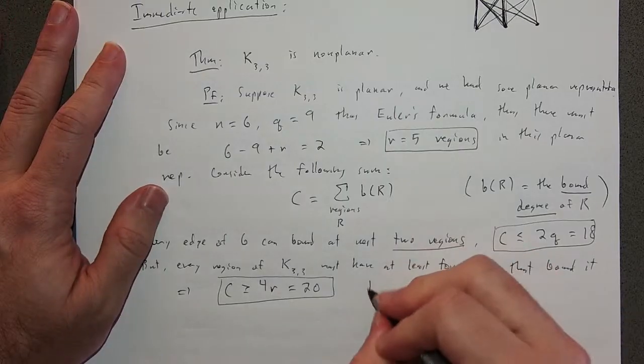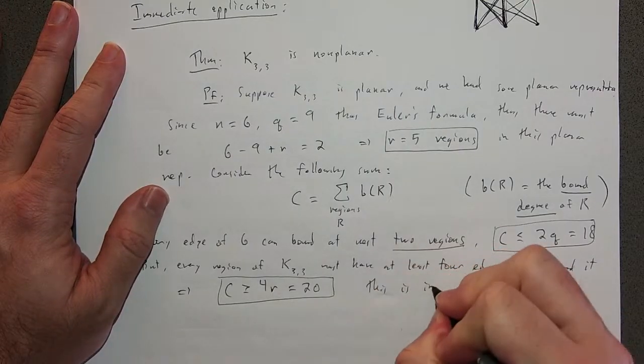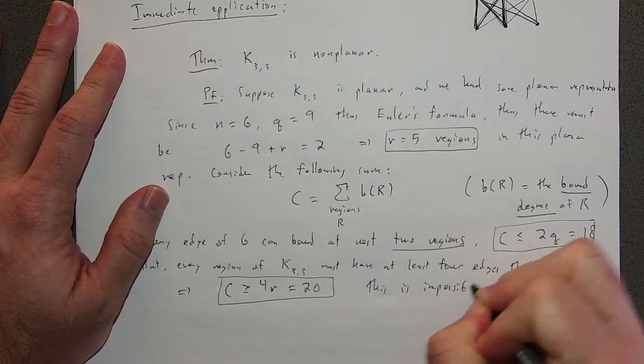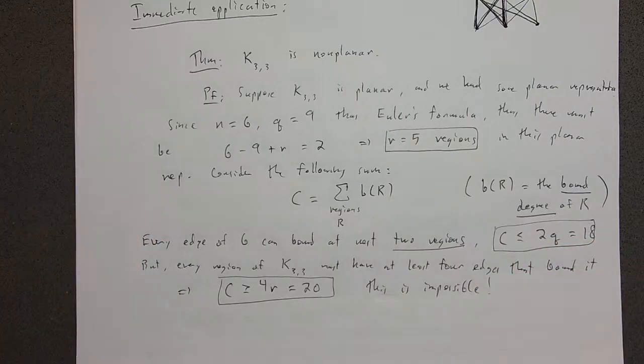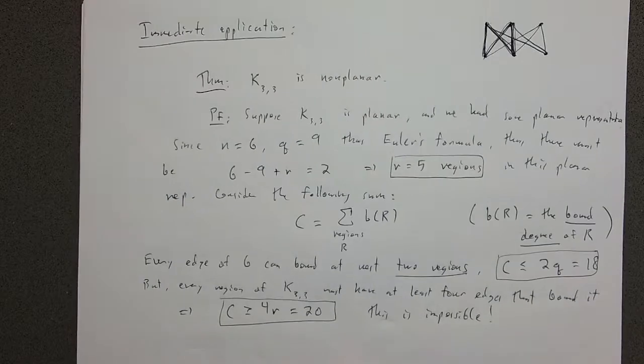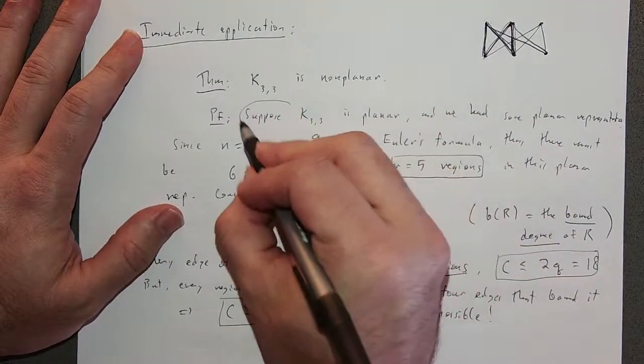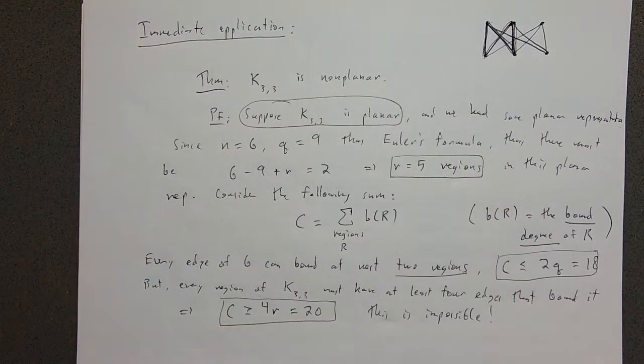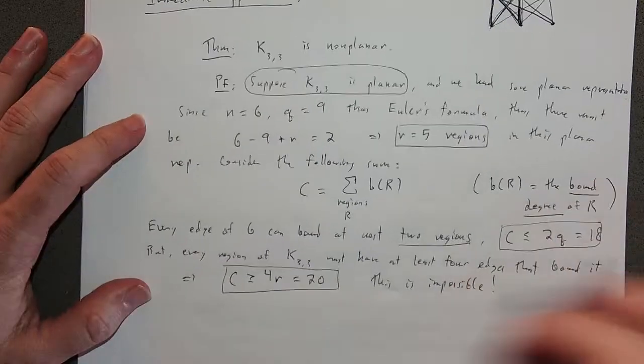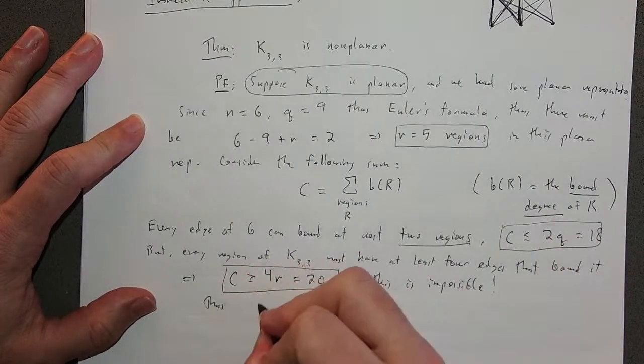This is impossible. So then what is the only problem in this entire proof? It was this initial assumption that K3,3 is planar. Thus, K3,3 is not planar.